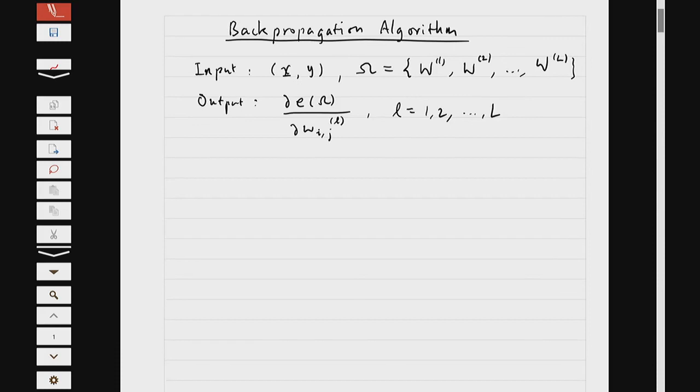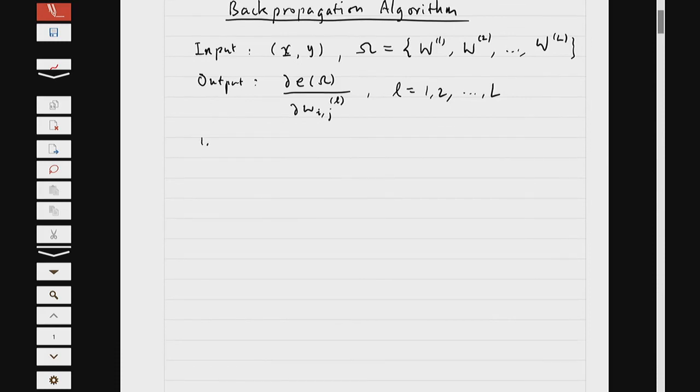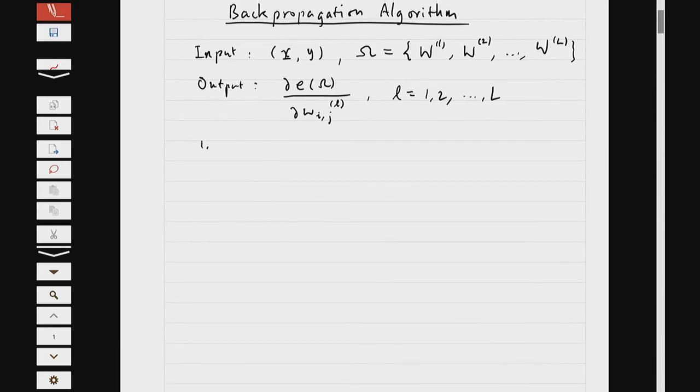And to make the backpropagation work, we have to calculate first some of those variables, the values of the input to neurons and output to neurons. There's S and X's.